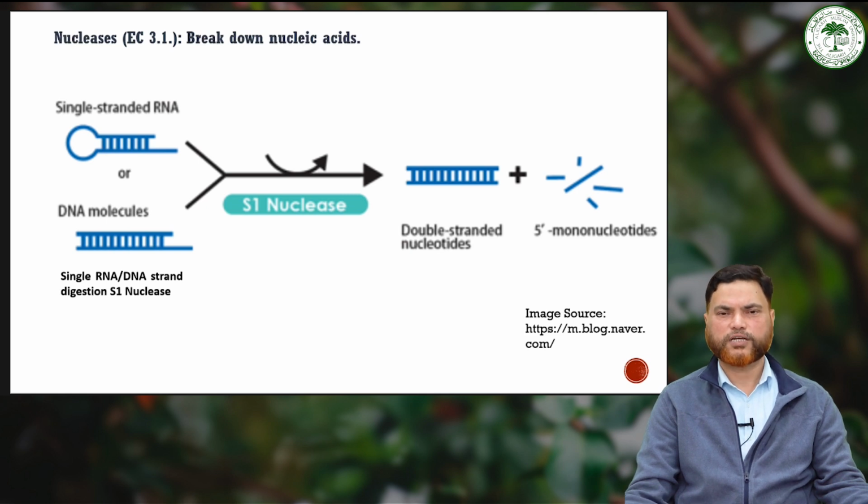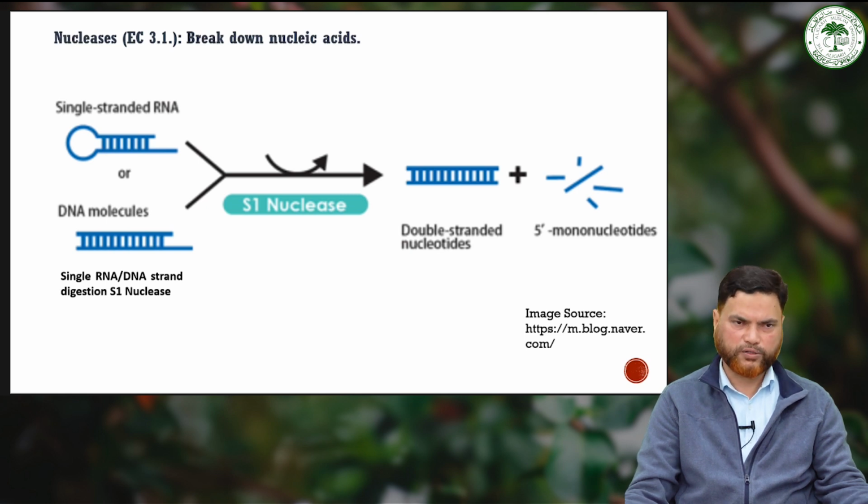Restriction enzymes, you might have gone through it, are a type of nuclease that split only those DNA molecules in which they recognize a particular sequence. And this group of enzymes plays a very fundamental role in the field of recombinant DNA technology and also in genetic engineering.